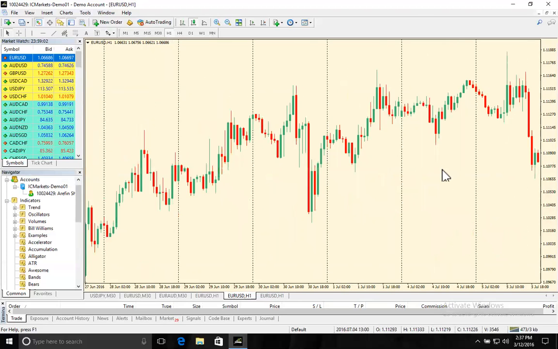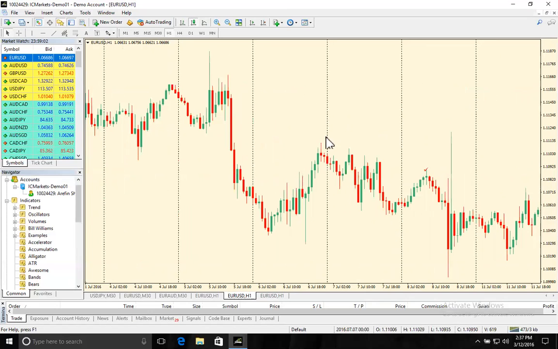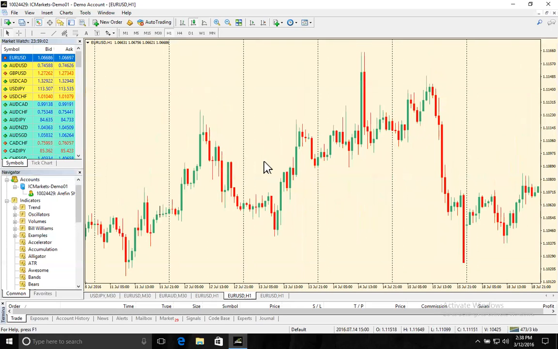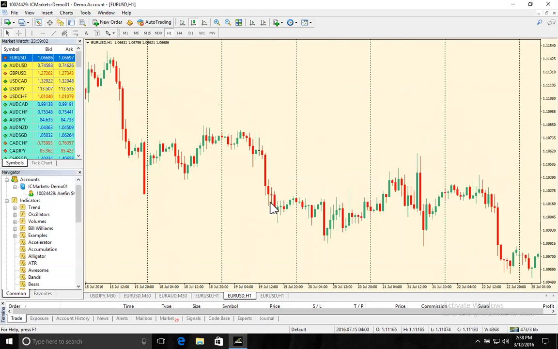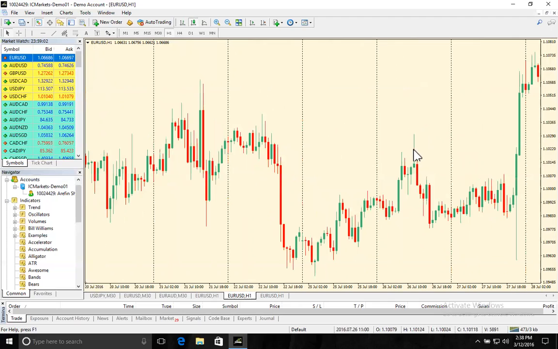This is the fourth. This is the fifth. This is another one, these two together. This is another very strong reversal candle.